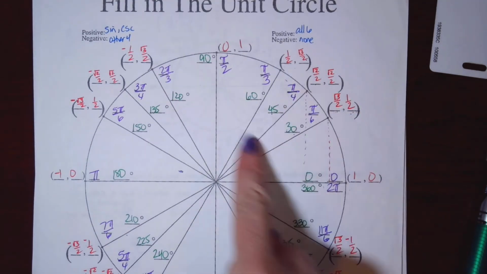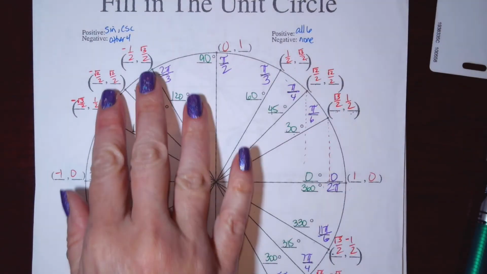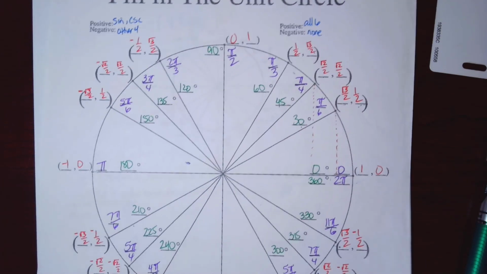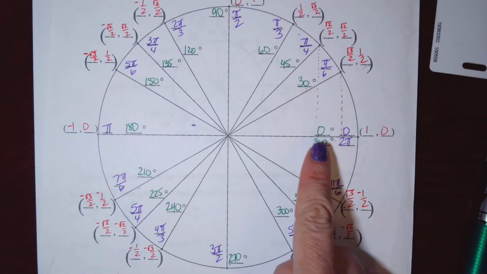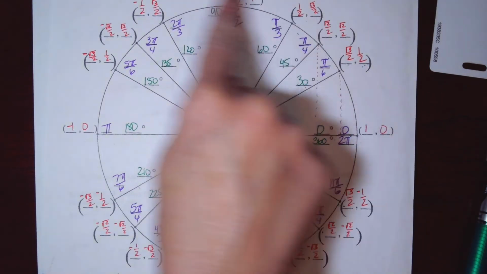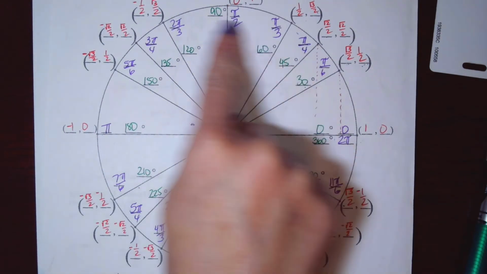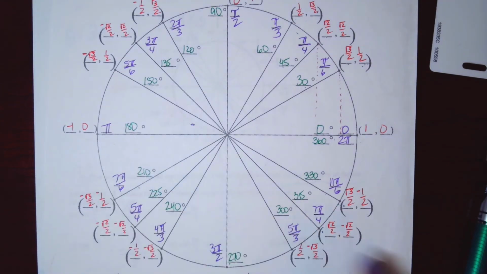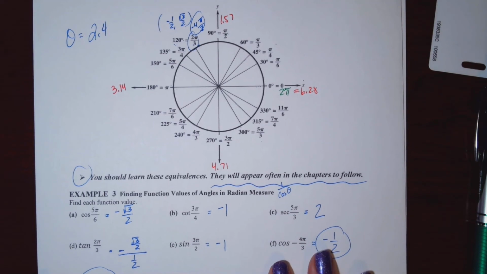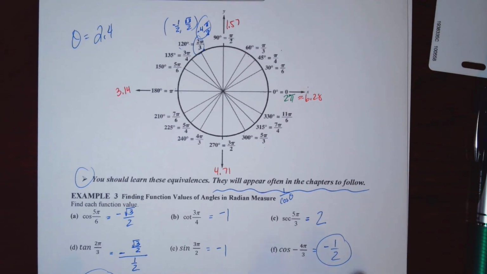If you memorize quadrant 1, then you can easily fill in the rest of the circle without a lot of stress. Hopefully at this point you're super confident with your degrees, you're getting comfortable with your coordinates, and now you are starting to plug in those radian measures. Go back and review our walk around the circle if you need to, just to make sure that you are confident with that moving forward.